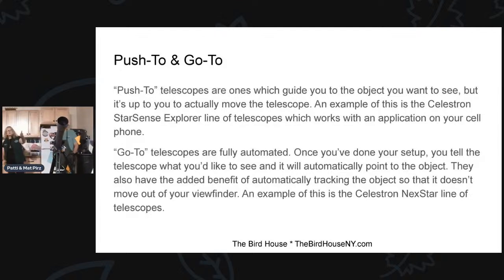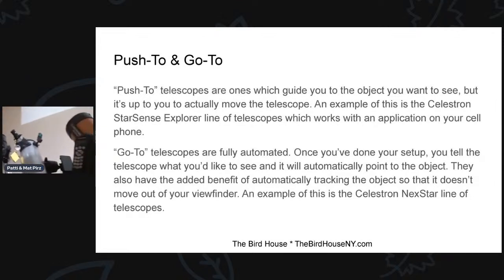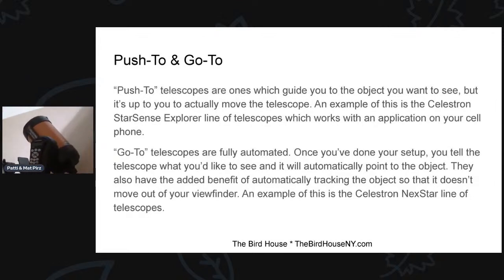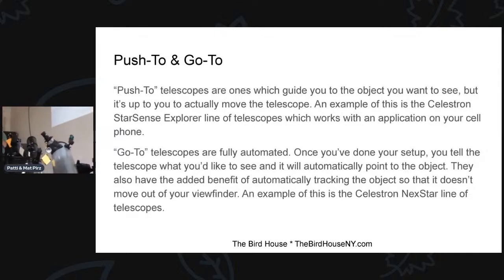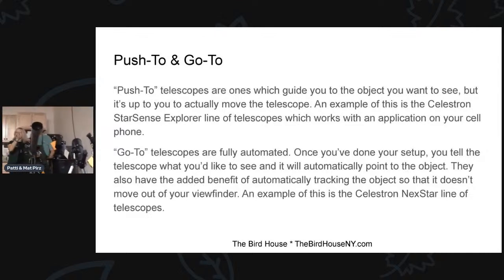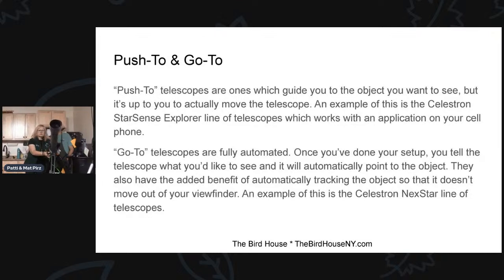Go-to, like what you see with the NexStar 6SE down there, is you program in a point once you have it set, and it automatically goes to where you want it to go, and then it will track it. This, like Matt said before, is you've got your object, your star in your viewer, but the sky is always moving except for Polaris. So you do have to push to continue to see it.